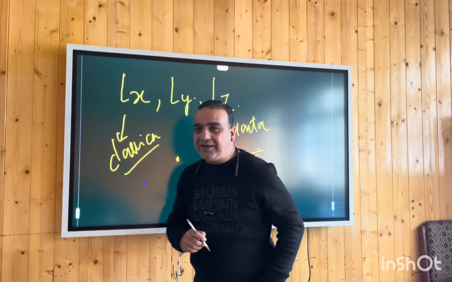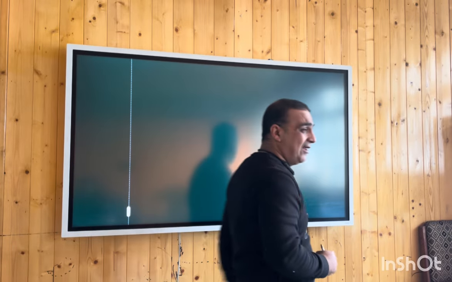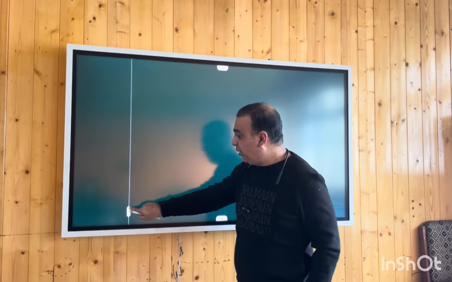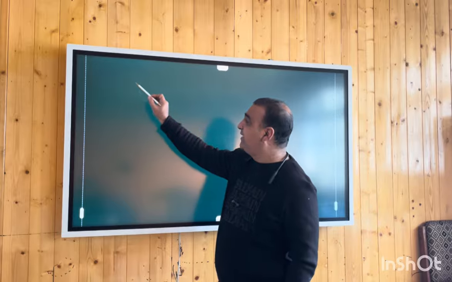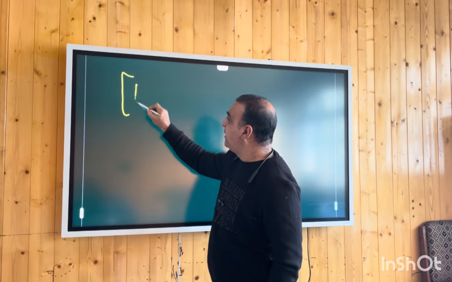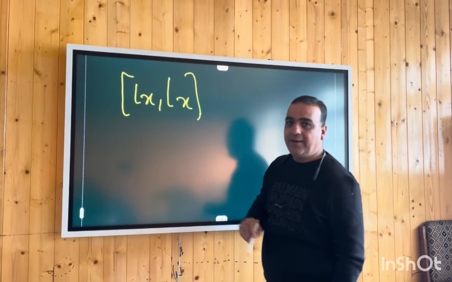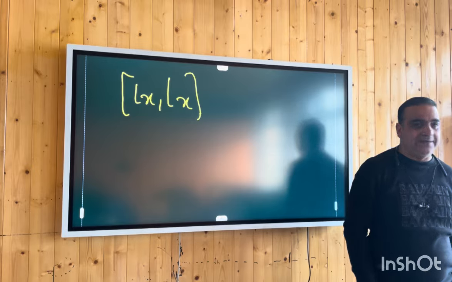So our target is to go with this angular momentum algebra. I think you must already be aware of these things, but yet we will go with it. Suppose I take a commutation between Lx and Lx. Right? Now let's go with it.